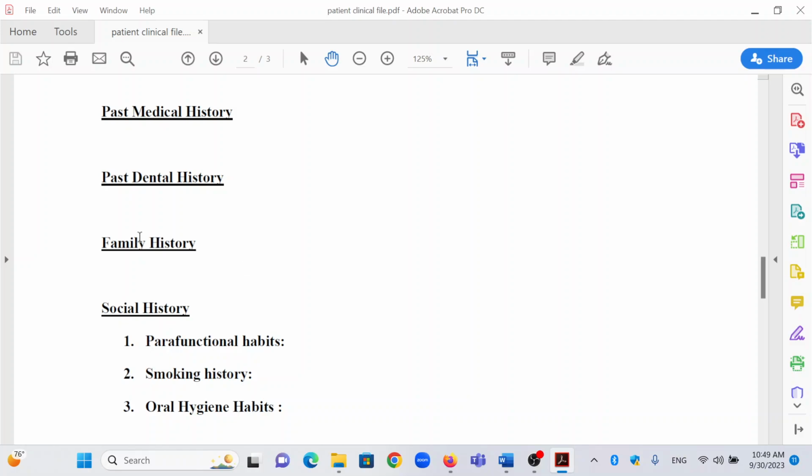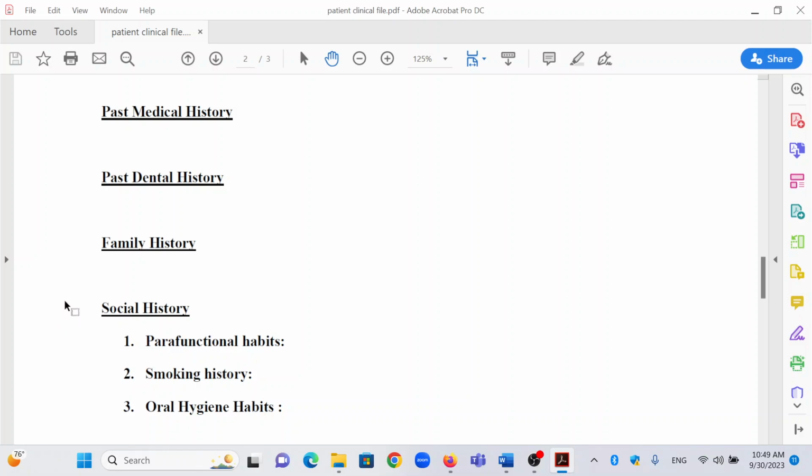So what are the types of communicable and hereditary diseases that may be of concern to us? These are, for example, cardiovascular diseases, like ischemic heart disease, cancer, hepatitis, HIV, and so on.